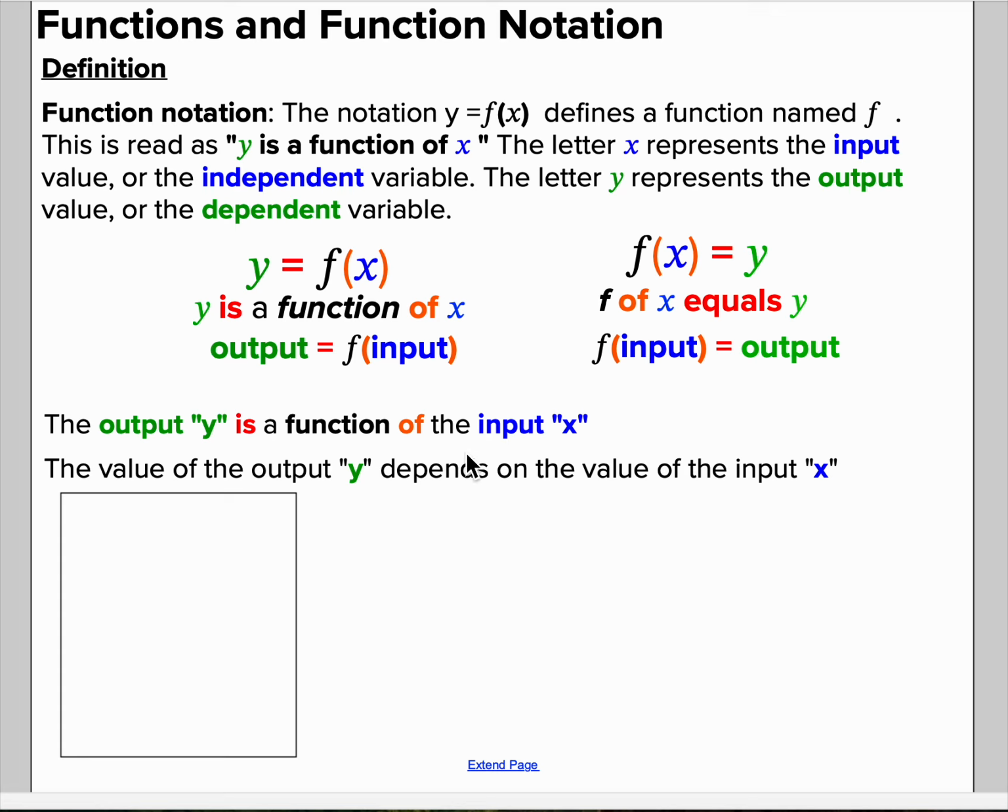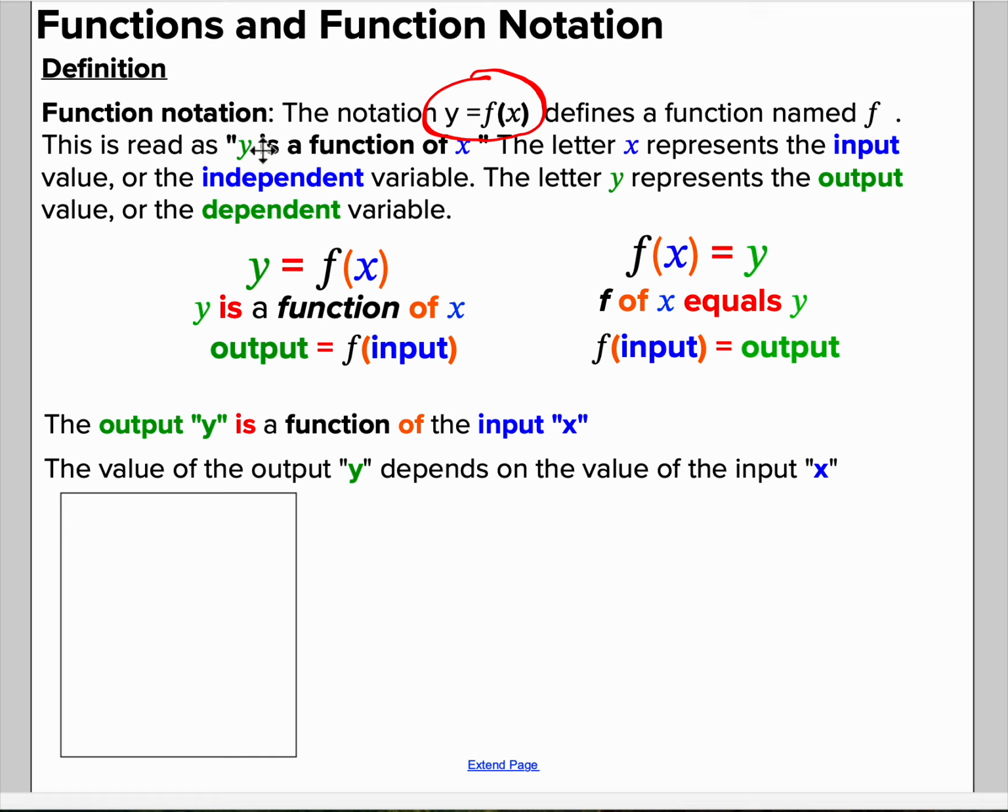Let's talk about function notation. Function notation is just a way that we can translate words into math language, or math language notation into words. If we're talking about defining a function, we have a particular notation, y equals f of x.